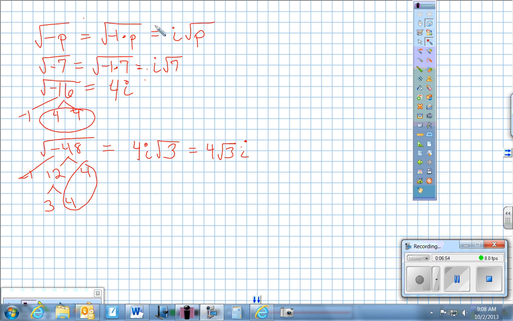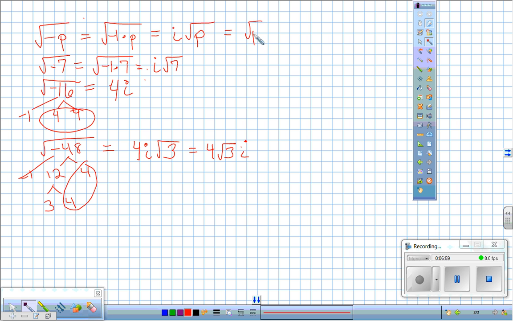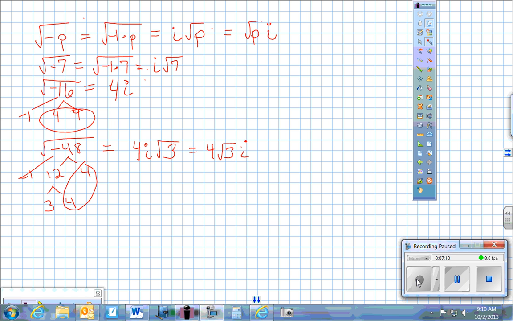It looks like the notation the book uses is that the i's always go in the back, so this one would look like square root of p i. I like writing the i's in front of the square root because you definitely don't get lazy and put it over it.